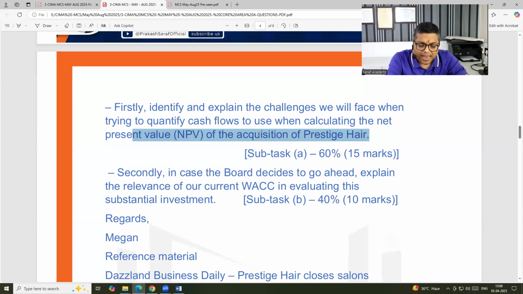So many opportunists will be targeting to acquire Prestige Hair. When more competition is there, demand is there and supply is limited, it's a general rule that prices go up. So it is a question mark whether we will be able to acquire it at a low price.